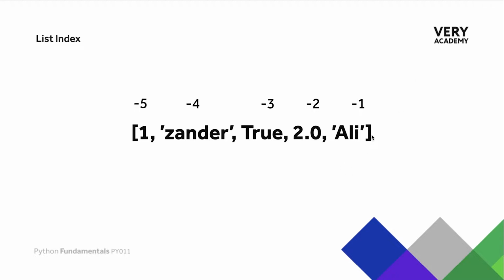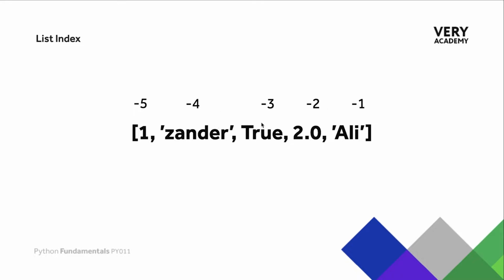Now, something I haven't mentioned yet, in addition to the index, we can also utilize the negative index, which is another way of accessing the data within our list, but using negative numbers. Here you can see, for example, if I wanted to access Ali, then that represents -1. And moving back to the first item in the list, you can see this is -5.